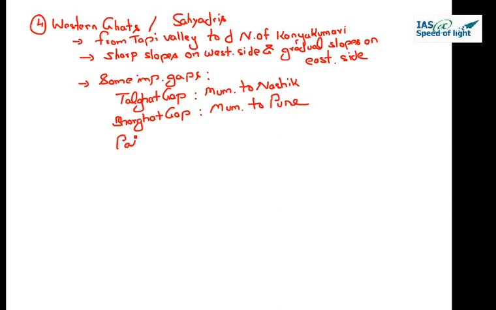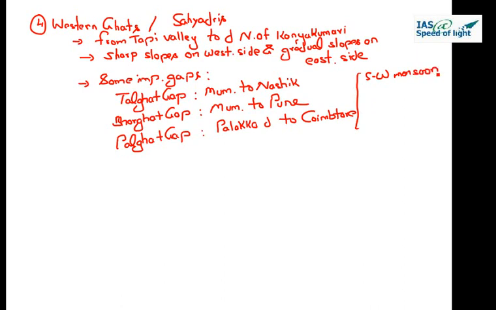Then we have Palghat gap, which is from Palakkad to Coimbatore. Make a bracket here and write the southwest monsoon. Southwest monsoon winds enter the interior part through these passes.